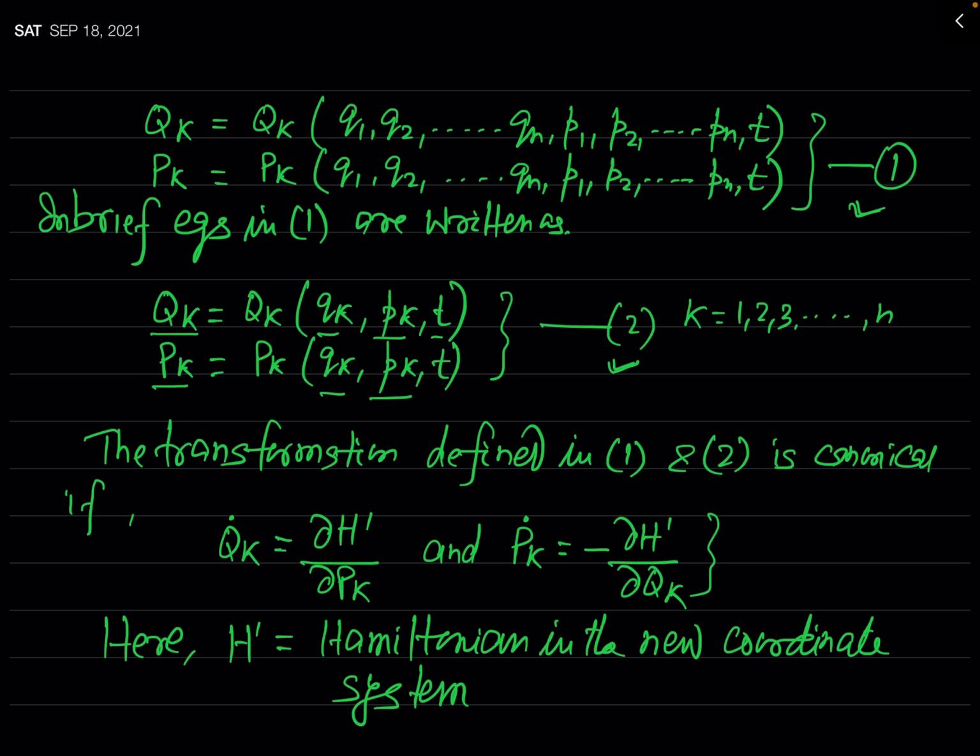So if you consider that H prime is the Hamiltonian in the new coordinate system, then if these two equations hold, that is capital Qk dot is equal to del H prime by del Pk and capital Pk dot equal to minus del H prime by del Qk, it means the form of Hamilton's canonical equations of motion does not change.